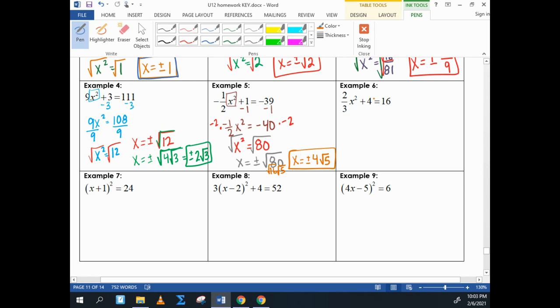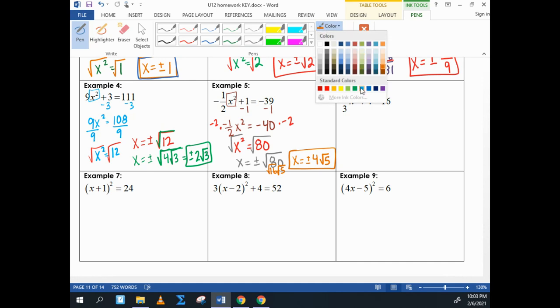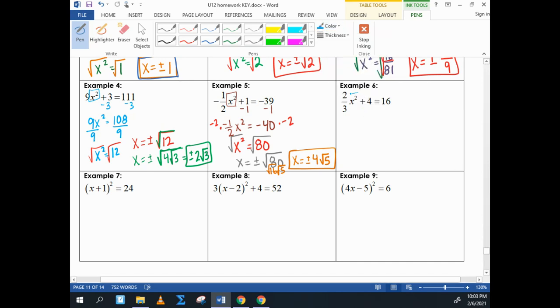All right, let's try this next one, and then we'll try the others on a separate video. Again, we've got to isolate this square, get it all by itself. Let's subtract 4 from each side. We've got 2/3 x squared is equal to 12. Again, guys, remember, in fact, let's do this in 2 steps. This still scares people.